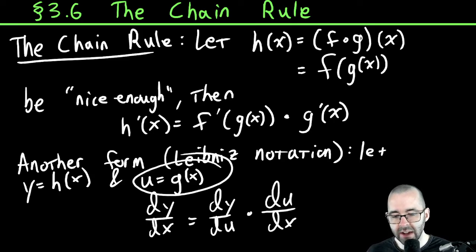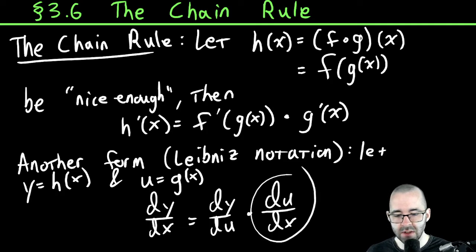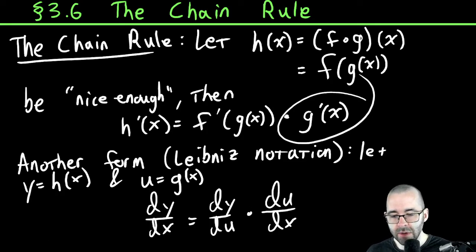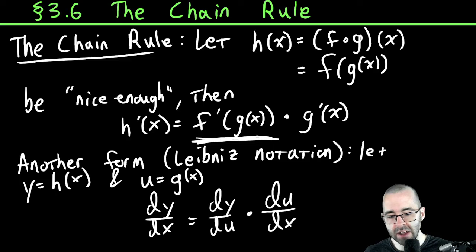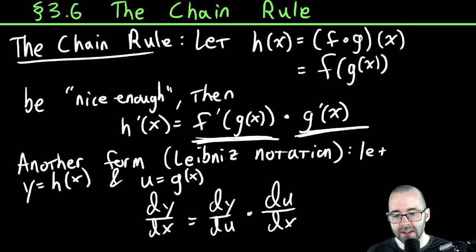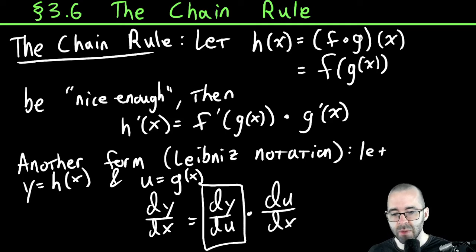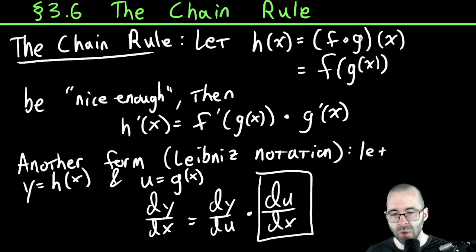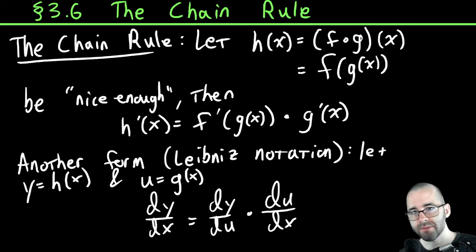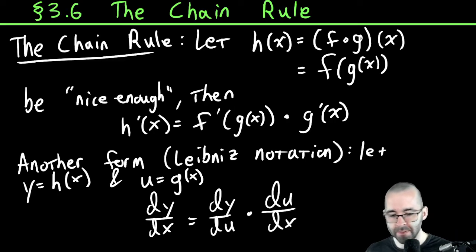Again, u is g of x, so g prime is just du dx. So these really are the same thing. This is dy du, this is du dx. Again, this means what is the derivative of y with respect to the u variable? What is the derivative of u with respect to the x variable? We'll be using both of them.